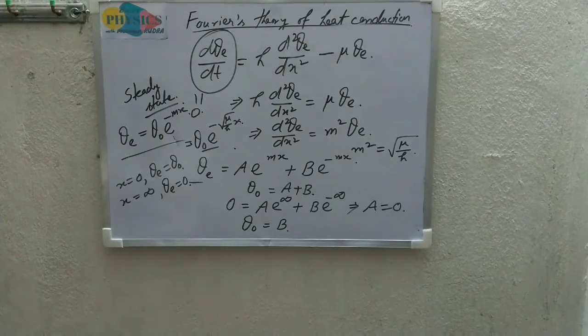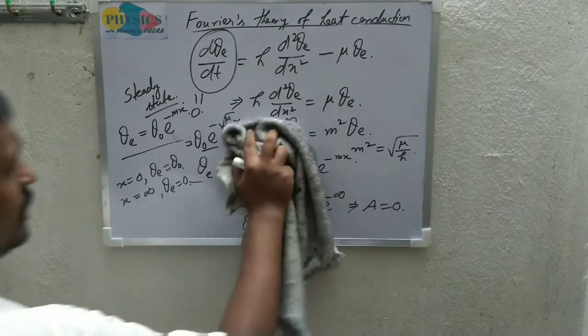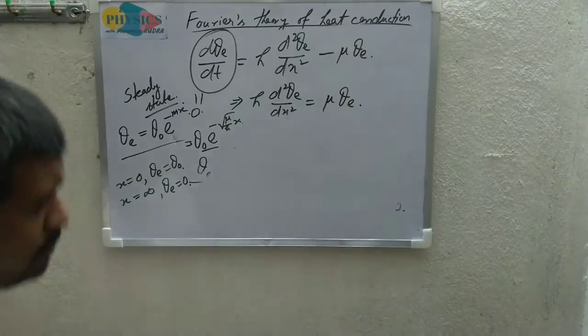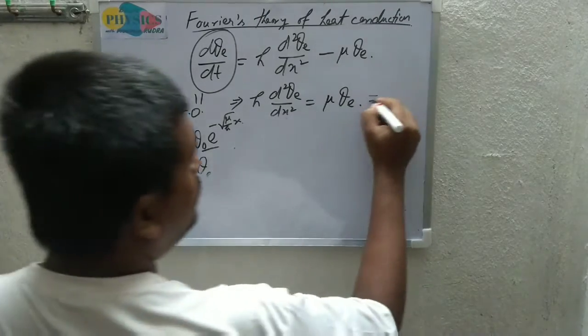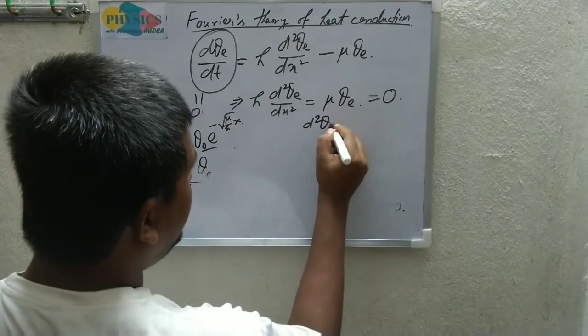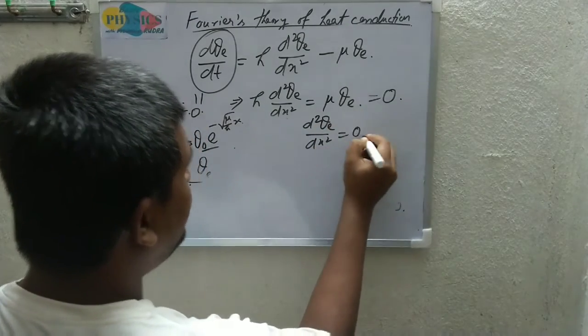Now, consider a lagged bar. A lagged bar is one which is thermally insulated from the surroundings, usually done by a guard ring arrangement. In that case there is no radiation loss, so the equation becomes d2 theta e by dx2 equal to 0.